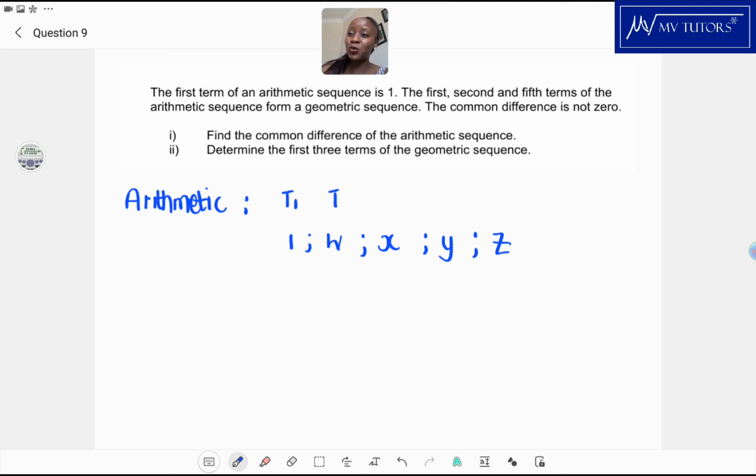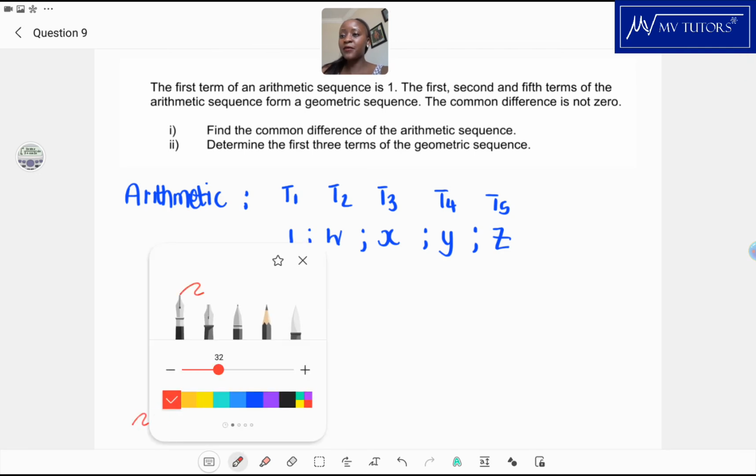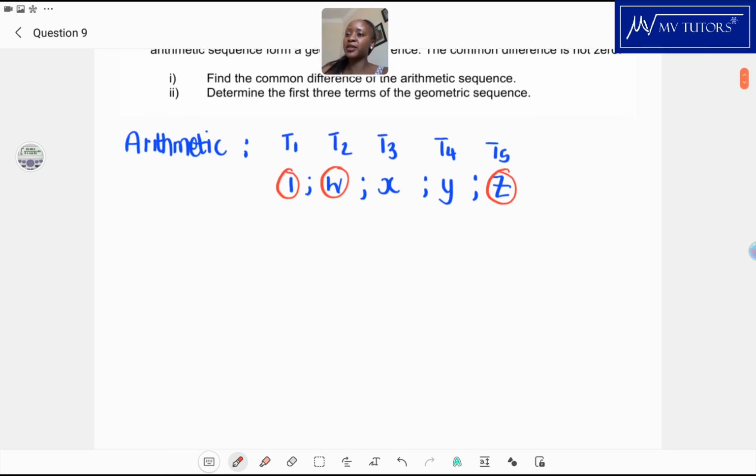Okay, what can we do with this information? All right, so they tell us that the first, second, and fifth terms form the geometric sequence.